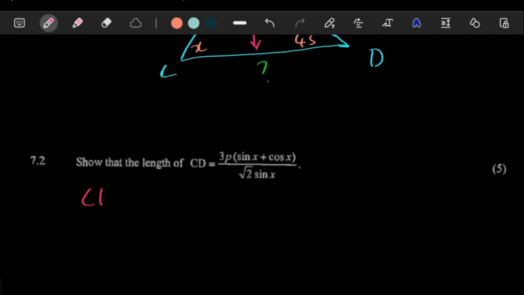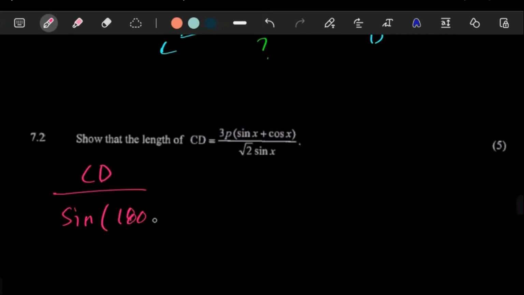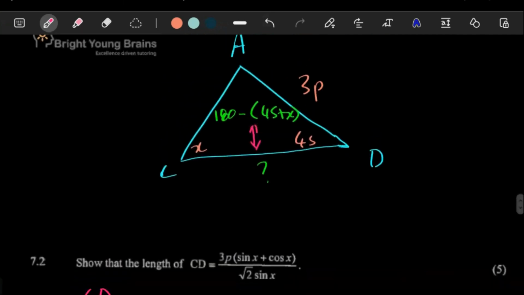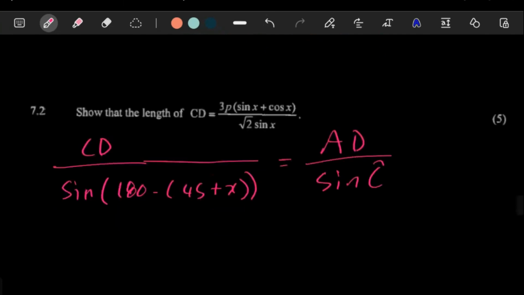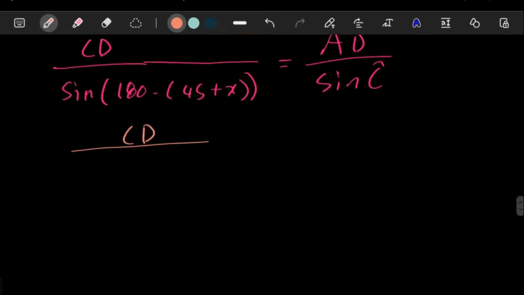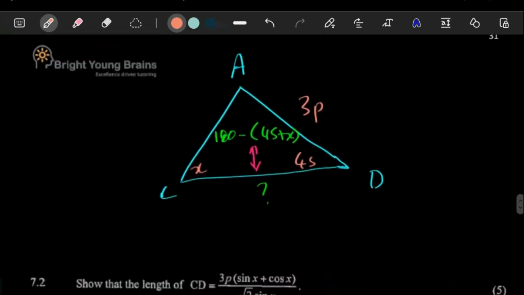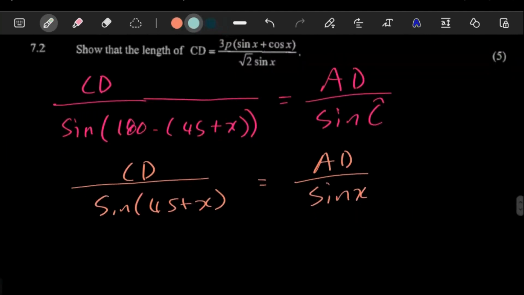So we can say CD over sine of the angle there, which is 180 minus 45 plus X, equals AD over sine C. Here you have 180 minus this, so that's going to give you a positive sign, so it's sine of 45 plus X. And then sine C is sine X. So it's AD over sine X. And then you're going to cross multiply.